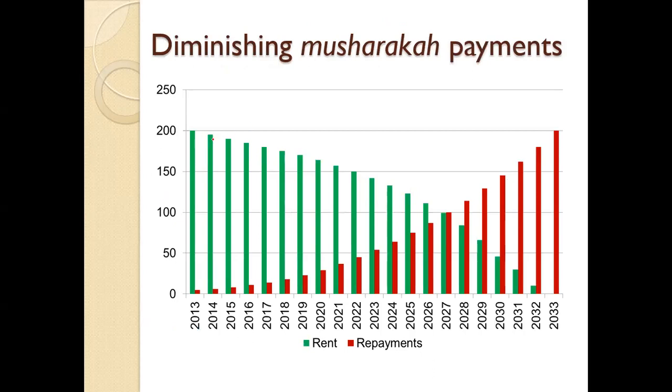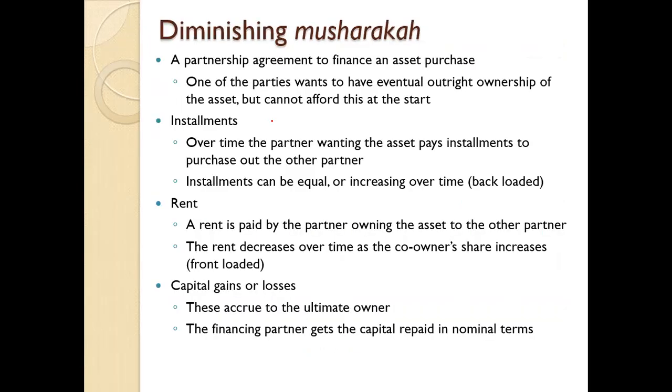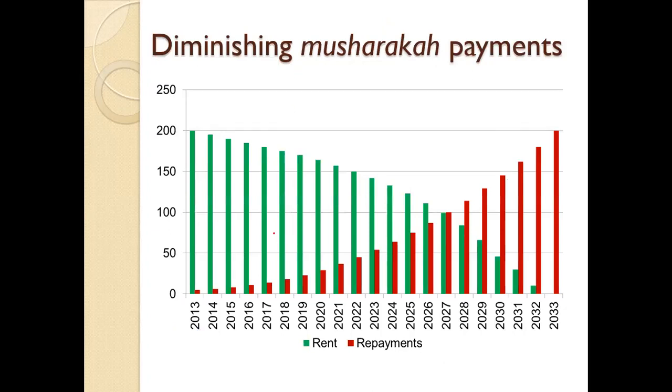Over the time you are using the asset, you are paying the rental payment, and the rent is decreasing over time, but you are paying a portion which constitutes a repayment of the amount which was required to purchase the asset. So over time, when you make the repayment clear, you will have the ownership of the asset. You can compare it with the conventional finance mechanism, which is available in balloon type of installment payment.